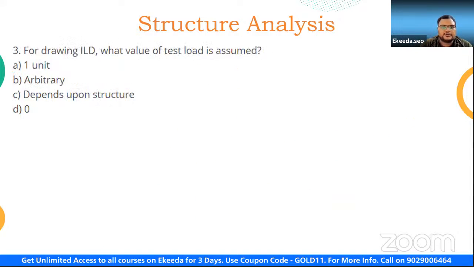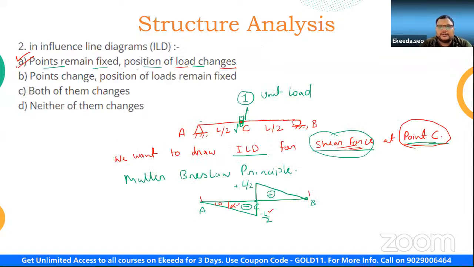So the next question is, for drawing ILD, what value of test load is assumed? I told you that while drawing ILD, I have taken a unit load of 1 kilonewton.